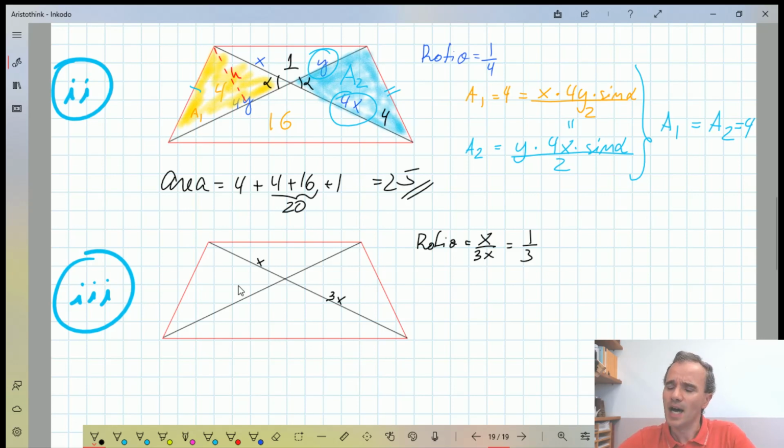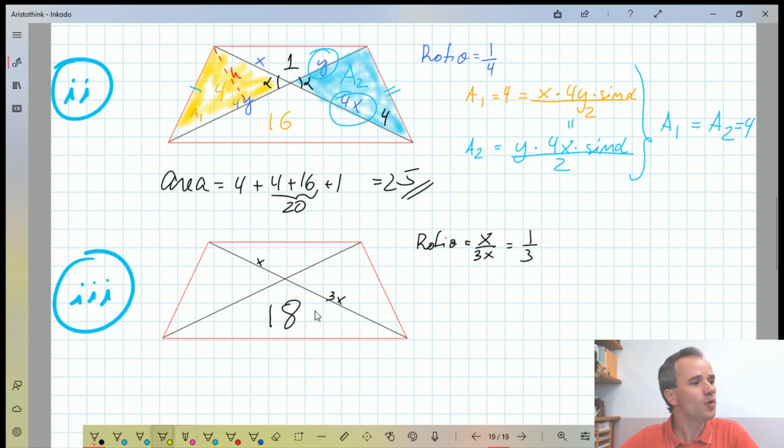But of course, I must also give you something else. I must give you at least one area, and let's suppose that I give you this area. So this is given, okay? So I give you the ratio between the parts of this diagonal, and I give you one area, and you have to find everything else. Now, what can we say about this area? Let's see.